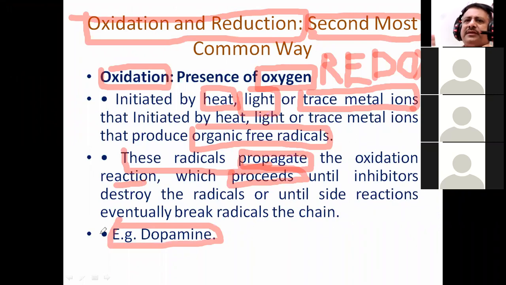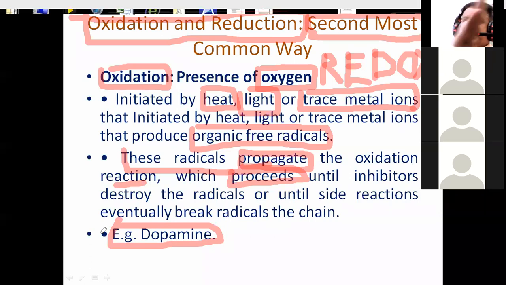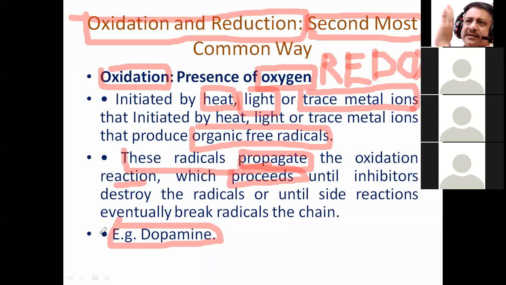There are various types of antioxidants. For example, you can take a simple example of alpha tocopherol, or ascorbic acid, that is vitamin C. Many of the antioxidants undergo self oxidation and they keep the product safe from oxidation.